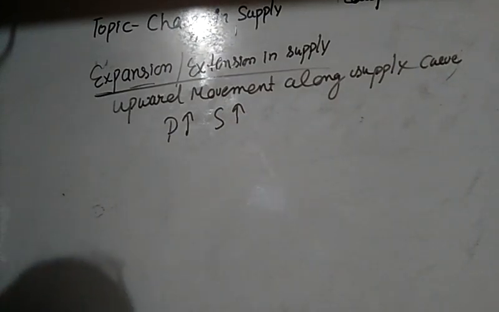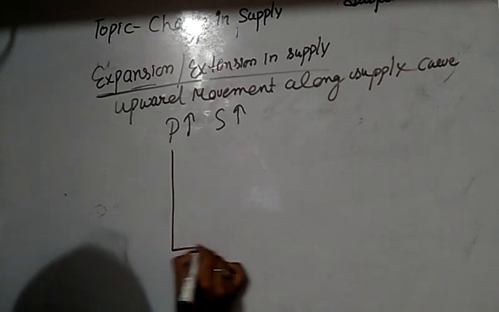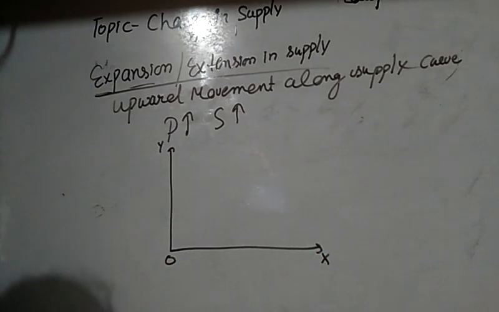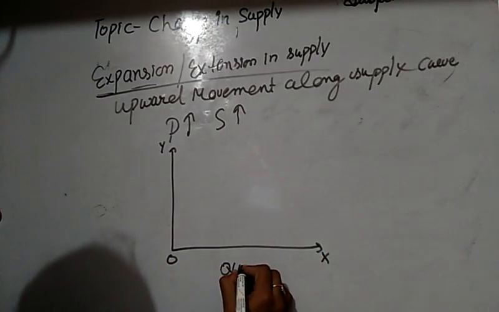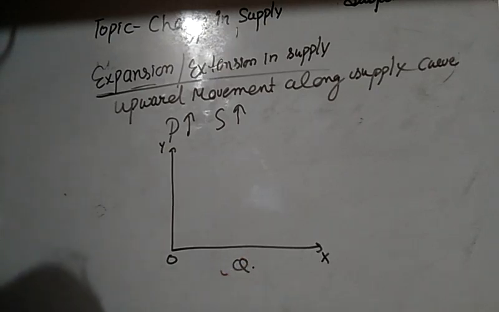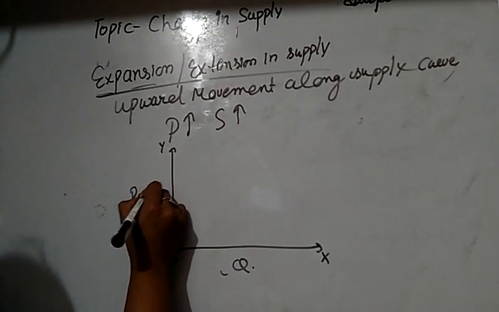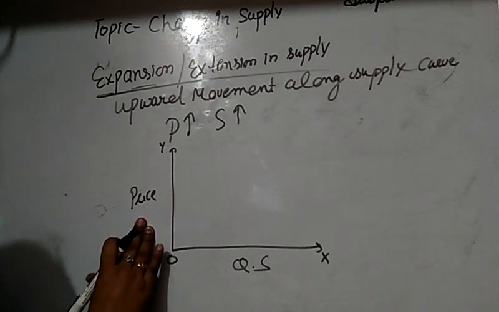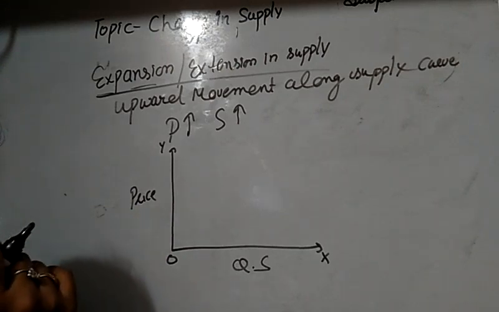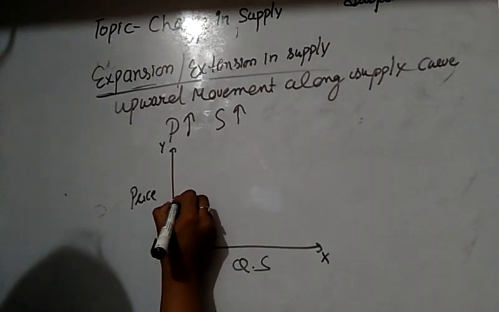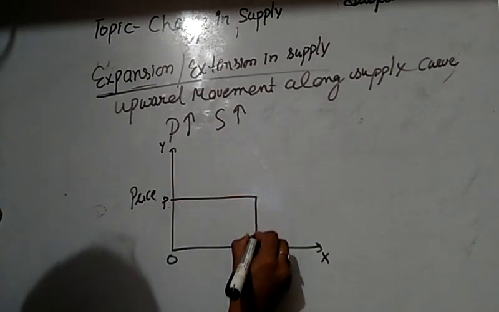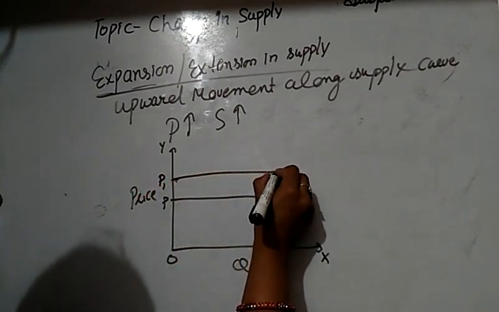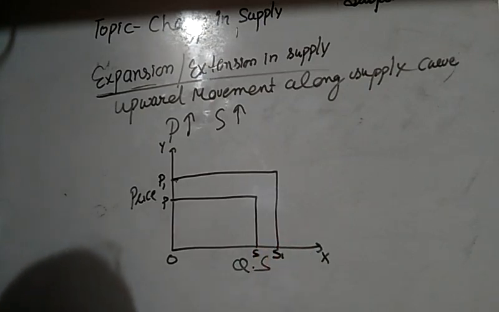We can understand this with a diagram. This is a graph with OX axis and OY axis. On the OX axis is quantity supplied, and on the OY axis is price of the good. When price is P, quantity is S. When price increases to P1, quantity supplied also increases to S1.